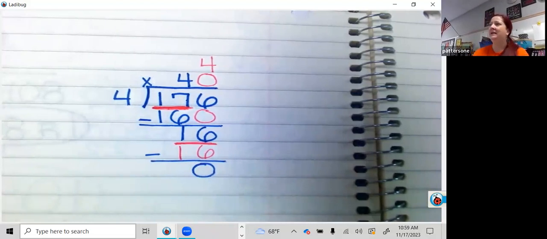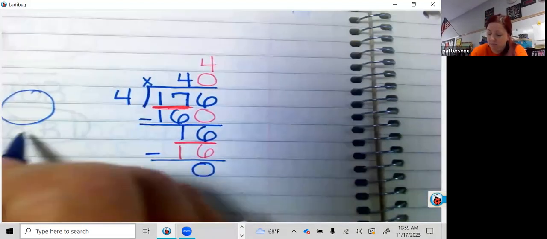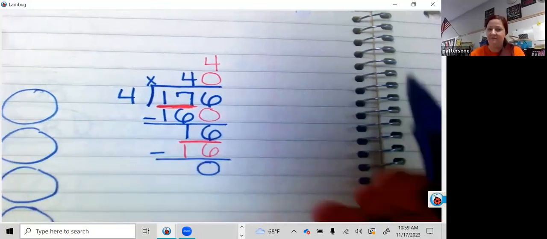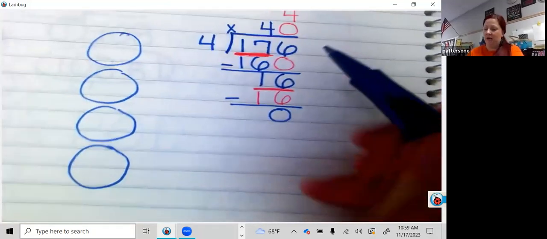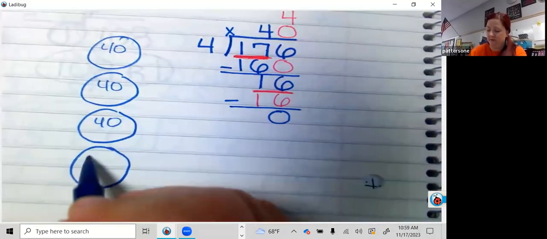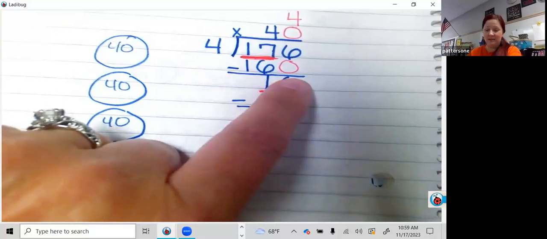How much candy did I give to each kid? 40. Yes, because here's my 4 kids. There's my 4 cute little children. And the first time around, I gave them 40, which was my 160 pieces of candy.